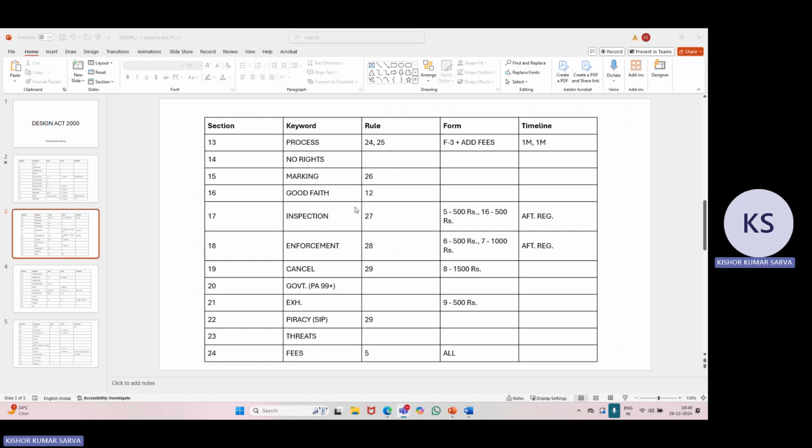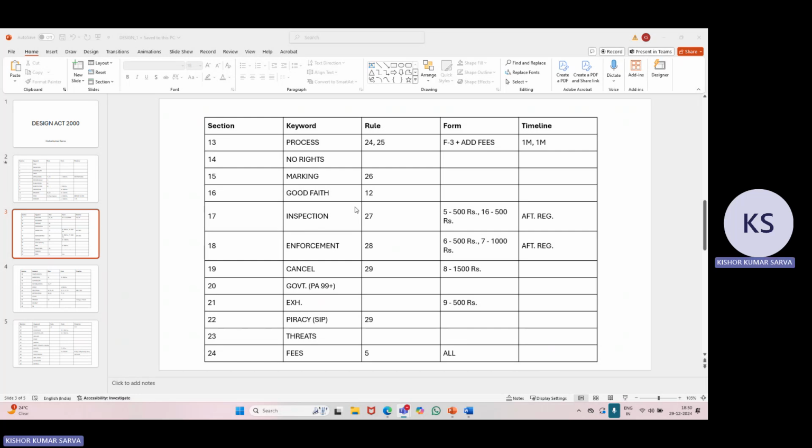Now, next, section 17. It is very simple. Simply put, to access the register, you need to file form number 5, which costs 500 rupees. If you want certified copies of any design from the register, you must file form number 16, which also costs 500 rupees.